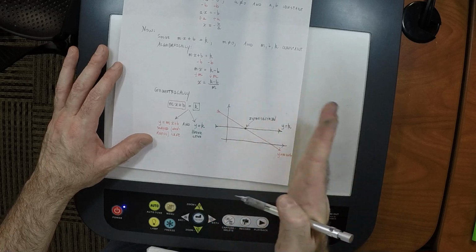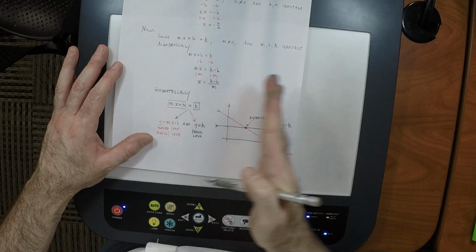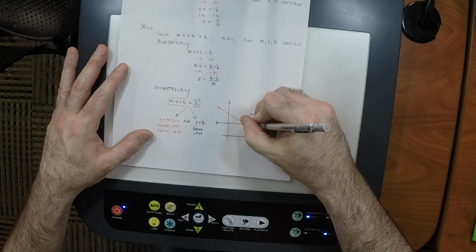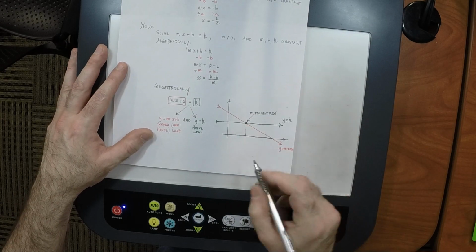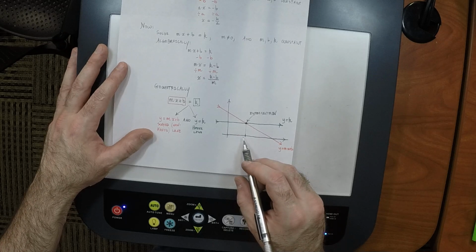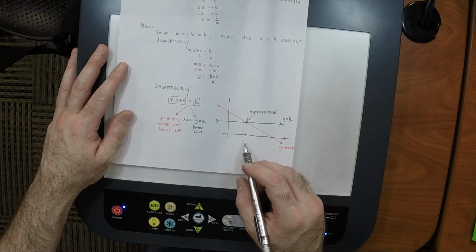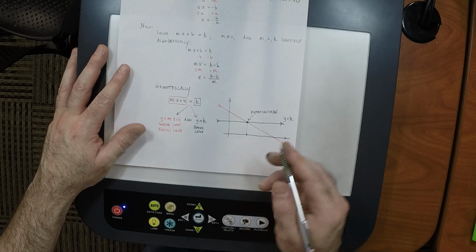But the question is how far is it left and right? Which is to say, if I drop this down to the horizontal axis and ask, what is that value right there? Well, what is it? It's some x value.